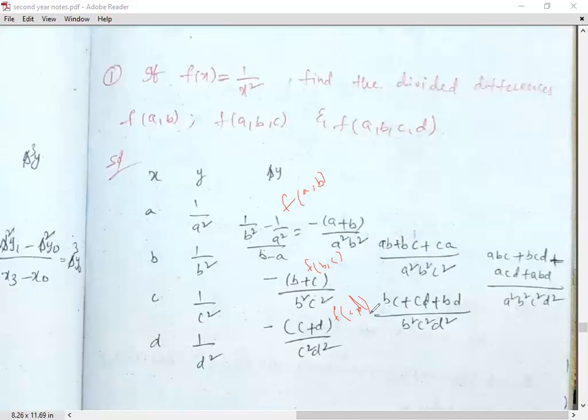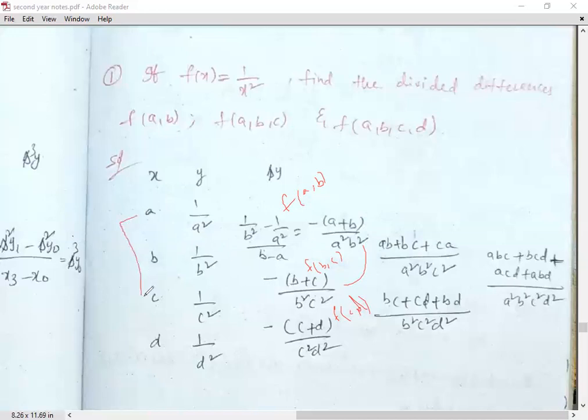Now using these first divided differences, we can get the second divided differences. They are obtained as successive minus preceding, that means minus of b plus c by b square c square minus of minus of a plus b by a square b square, divided by the x values taken starting with the starting value. We skip one point and go to the next one.